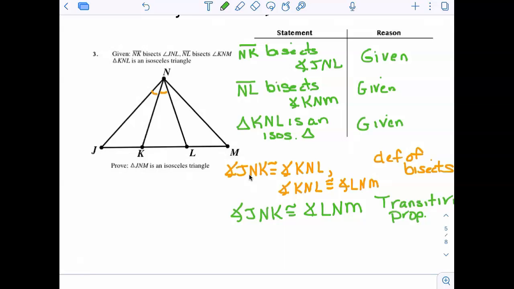And let me, I didn't mark this one as well, okay? But this is equal to this, which is equal to this, and therefore, since that's the same angle, we can state that JNK is congruent to LNM, okay? So now we were told that triangle KNL is an isosceles triangle.